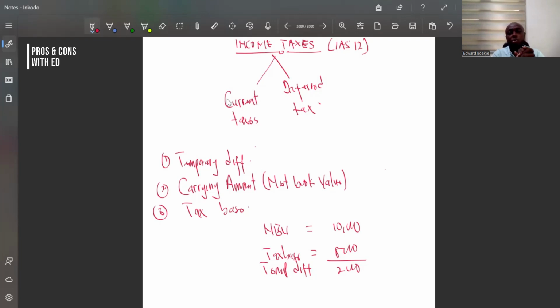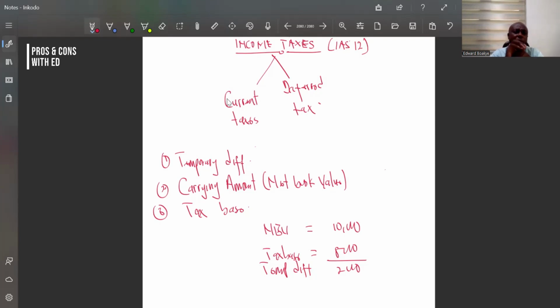What IAS 12 says is that now that we have a temporary difference, let us charge the tax rate within our jurisdiction on this temporary difference. Then we get what we call deferred tax. So in simple terms, the difference between your net book value and your tax base, we apply our tax rate on it, and we get deferred tax.